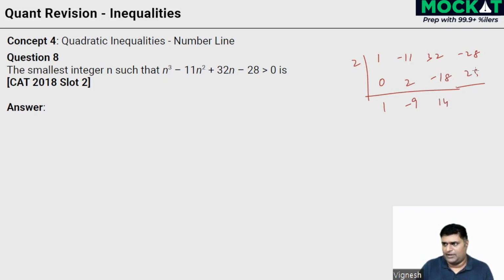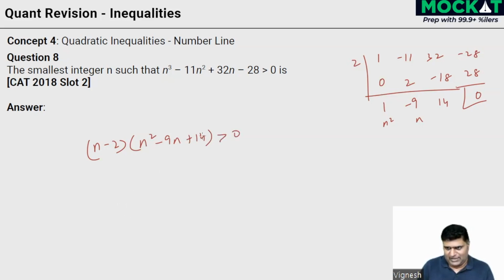Multiply, you get a plus 28. Add it up and you get a 0, right? That's the remainder, it perfectly divides. So this term over here can be written as n minus 2 into whatever you get over here. This is n square, n, this is the constant. These are the coefficients. n square minus 9n plus 14 is greater than 0.